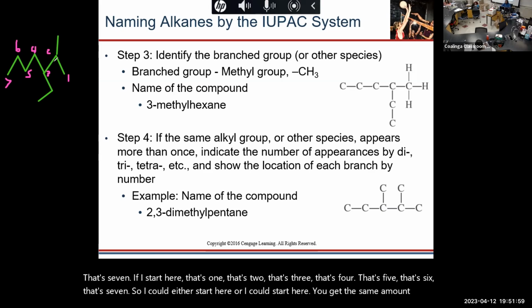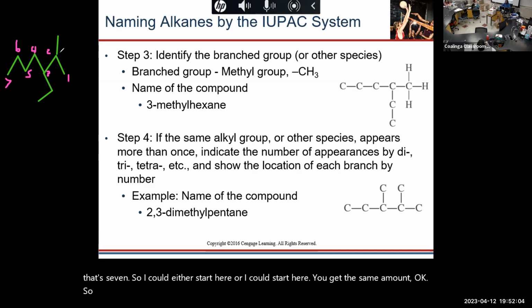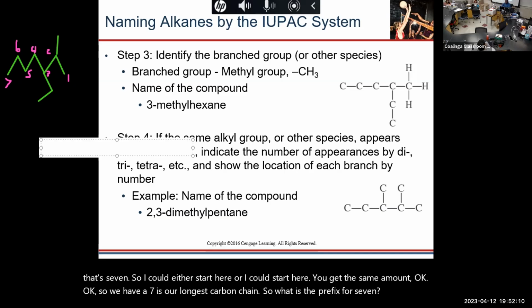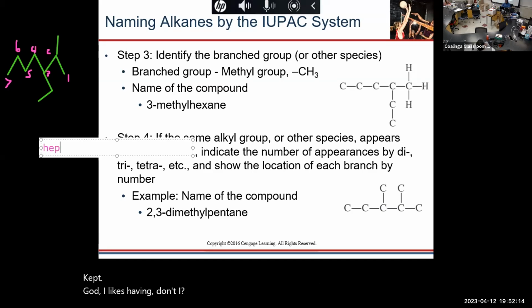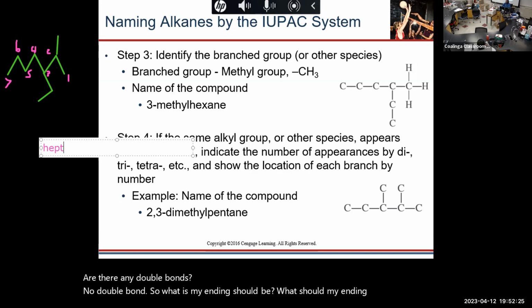Okay, so we have a 7 as our longest carbon chain. So what is the prefix for 7? Okay. 7. Okay. Are there any double bonds? No double bonds. So what is my ending? Pain. Okay.